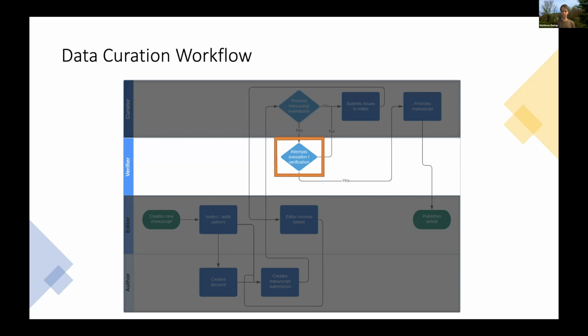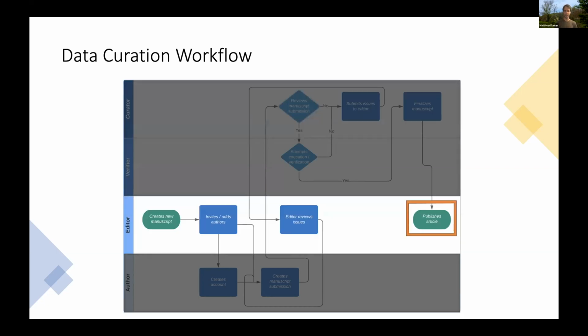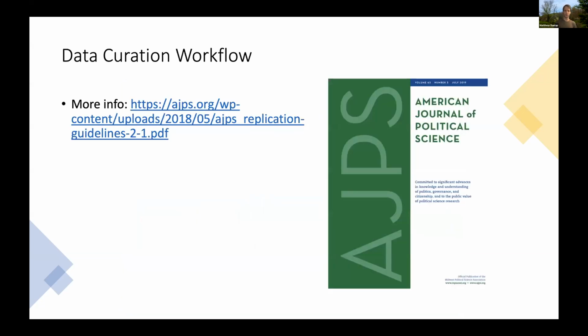Once the issues are resolved and everything runs in the container, the manuscript is finalized and a draft version of the dataset is put up in Dataverse, waiting for the editor to publish the article. At that point, the code and data get published as well. If you want more info on a data curation workflow, these slides will be up later. This is a good place to look at details on a curation workflow.